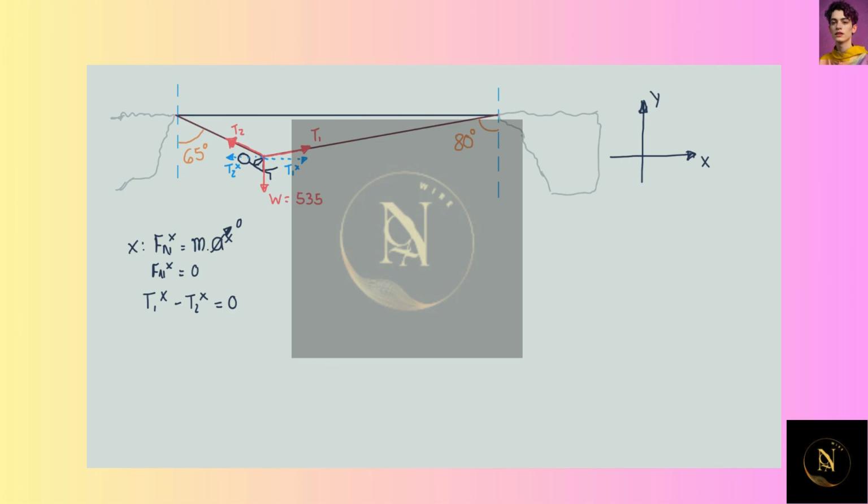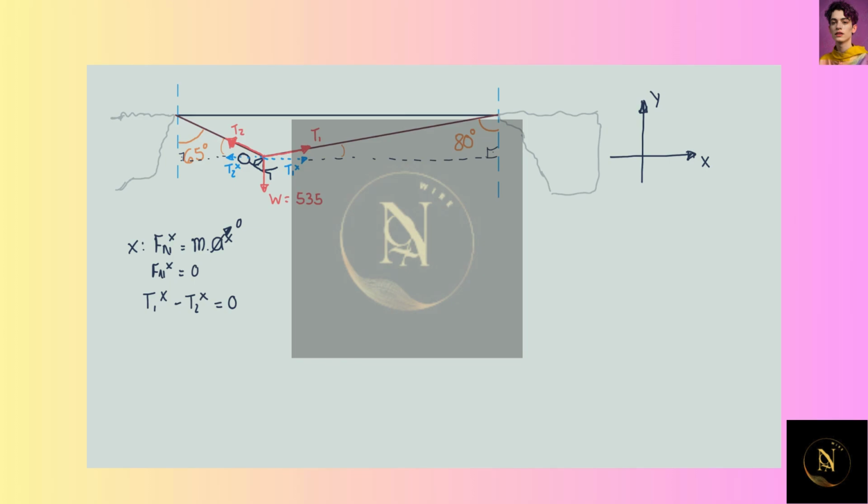Now, we can find a relation between T2 and T2x and T1 and T1x. For that, all we have to do is use the triangles that the question is giving us. One triangle is this one. So this is a 90-degree angle, and the other triangle is this one, where this is also a 90-degree angle. With these triangles, we can calculate the missing angle, this one and this one.